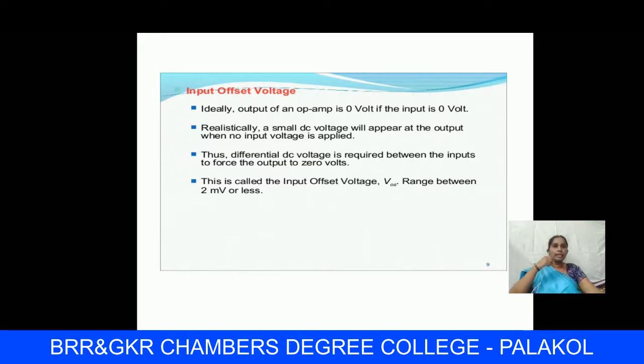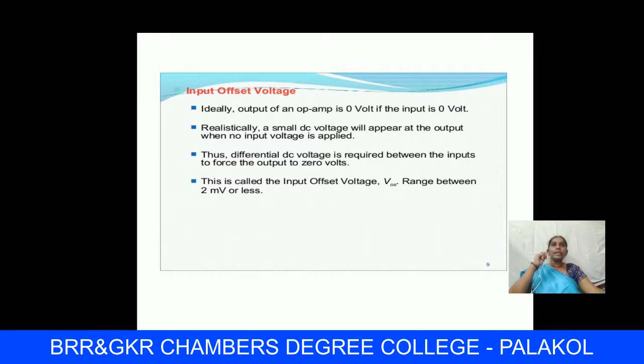I think it is clear. What is meant by input offset voltage? Whenever we apply 0 volts as input to an operational amplifier, the output should also be 0, but we do not get a 0 output because some small amount of DC voltage is added and appears at the output.